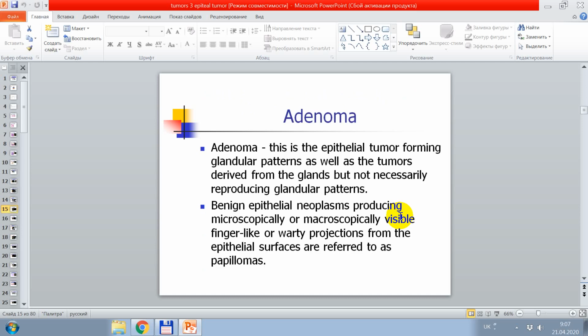Adenoma is an epithelial tumor forming a glandular pattern, as well as tumors derived from the glands but not necessarily reproducing glandular pattern. Benign epithelial neoplasms producing microscopically or macroscopically visible finger-like or warty projections from the epithelial surface are referred to as papillomas.